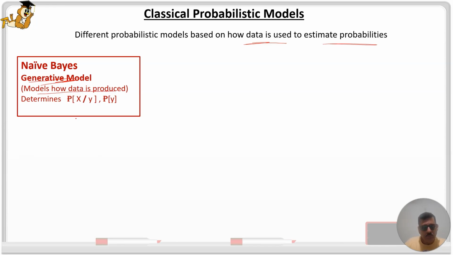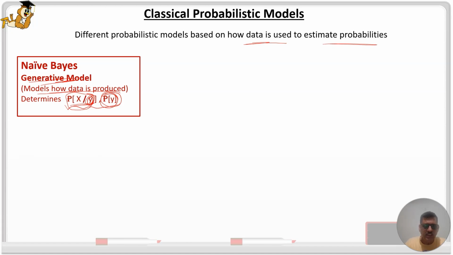In probabilistic terms, it determines the probability of X given Y and the probability of Y. So when I say it models how data is produced, when something models P of X given Y, what you're effectively saying is, if the correct answer is Y0, what are the inputs that can potentially result in that particular output? And probability of Y is the independent probability of a particular output.